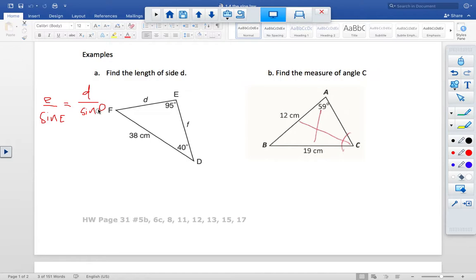Okay, so I wrote the formula that I'm using. Now, all I have to do is plug in my given values and solve for D. You see that side E is 38 centimeters, so it's going to be 38 over sine 95 equals side D, which I don't know, divided by sine 40.